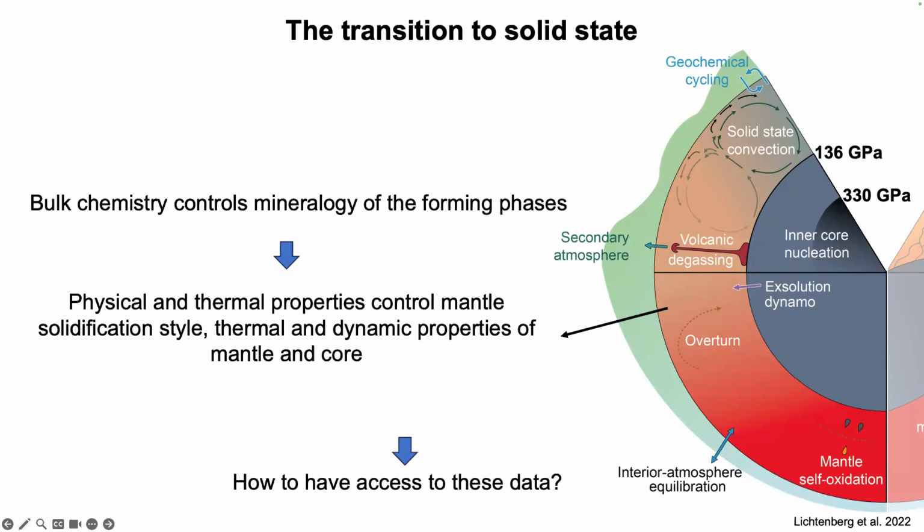So what I'm trying to convince you is that whatever happened in this phase is what ultimately controls if we're going to evolve into a dynamic planet like the Earth with subduction zones and so on, or a sort of stagnant lid, but maybe not really stagnant, planet like Venus, or something else that we don't even know because we don't have solar system examples. So ultimately, the properties of melt and the properties of minerals really control what's going on inside the planet.